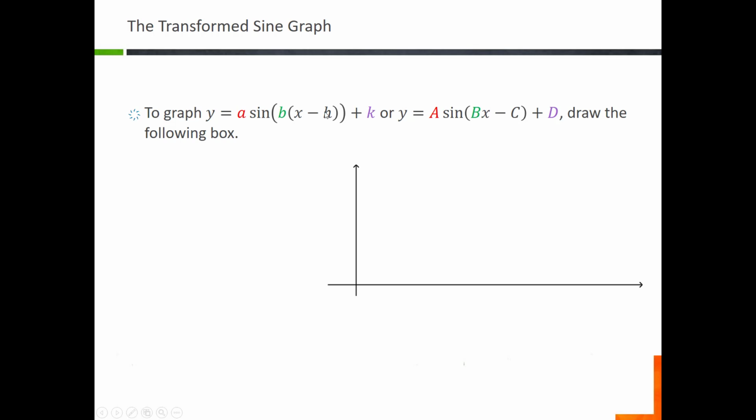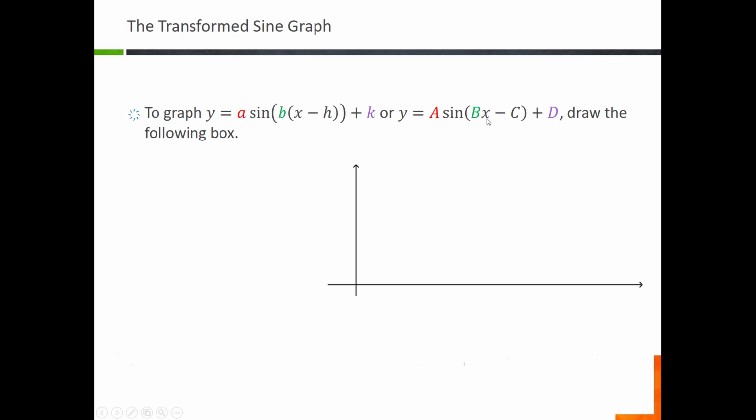The first one here is what I've showed you on that previous graph. So y equals a sine of b times the quantity x minus h, close parentheses, plus k. All right, so the a was the amplitude, that's the vertical stretch. B is the horizontal stretch. H is the horizontal phase shift. K is the vertical shift.